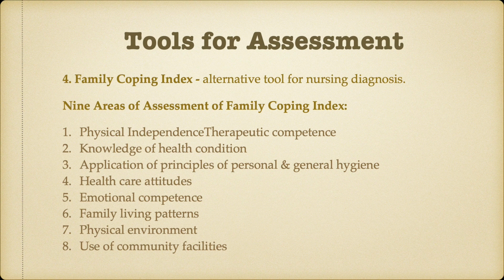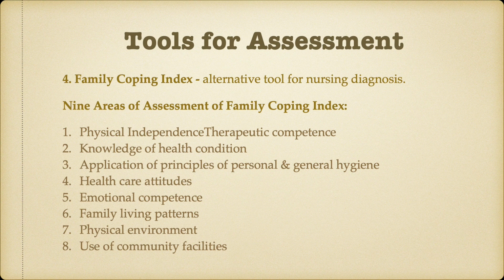Then 6 is emotional competence, which is concerned with the degree of emotional maturity in family members according to their developmental stage. The developmental stage which will be discussed, I guess, in your maternal child nursing.